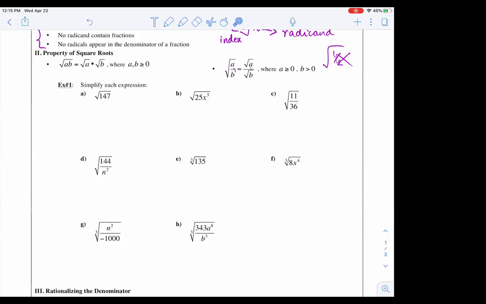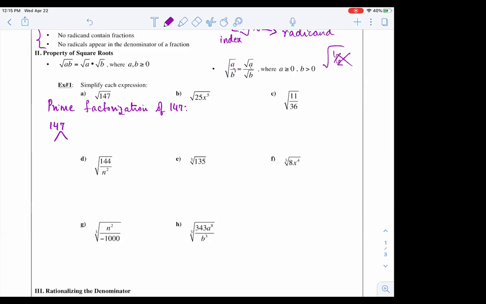I'm going to show this. What I want you guys to do is the prime factorization of 147. However you want to do the prime factorization, go ahead, but I want to see prime factorization first.